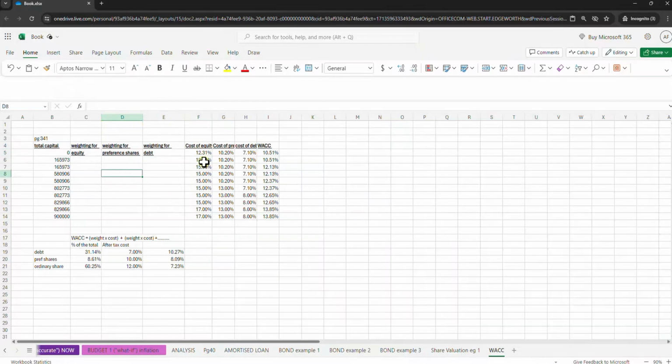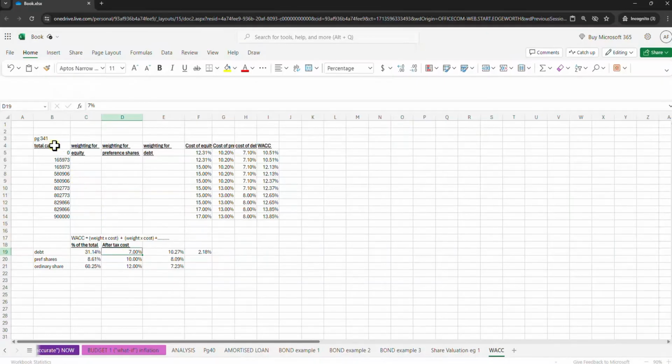So for example, in this one, I had the percentage total here and I had the after-tax cost here. This times that. Anthony asks: do we get this information or are we supposed to work this out? Well, it depends on the question.